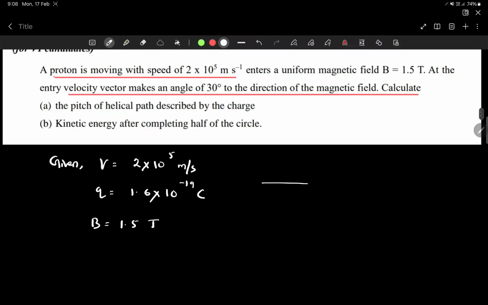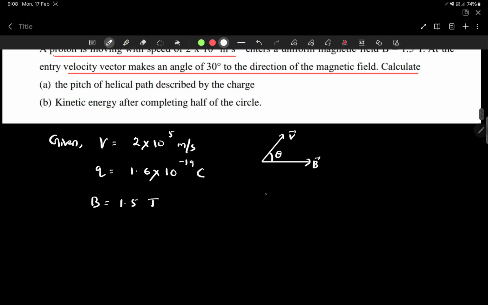All of you remember, if this is the magnetic field direction, and this is your velocity vector V, and the angle between them theta is given, then the particle will execute which type of path? Helical path.